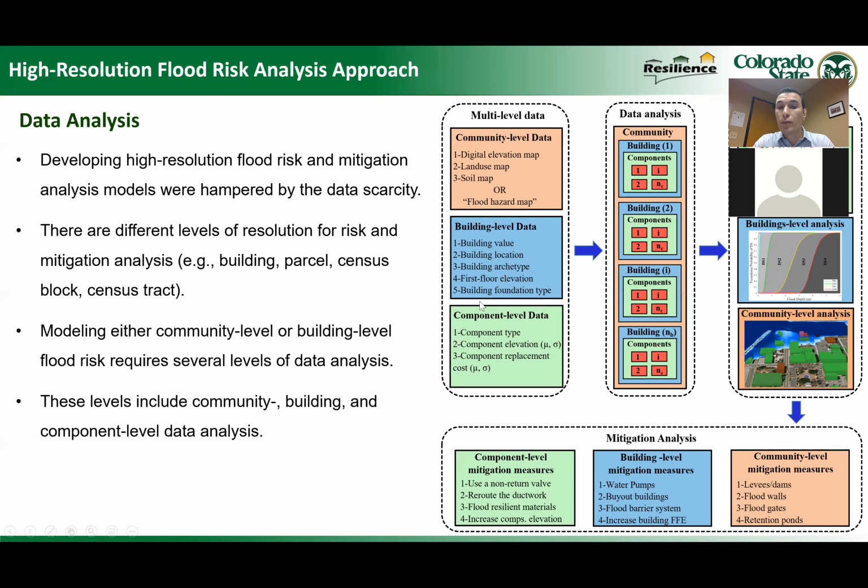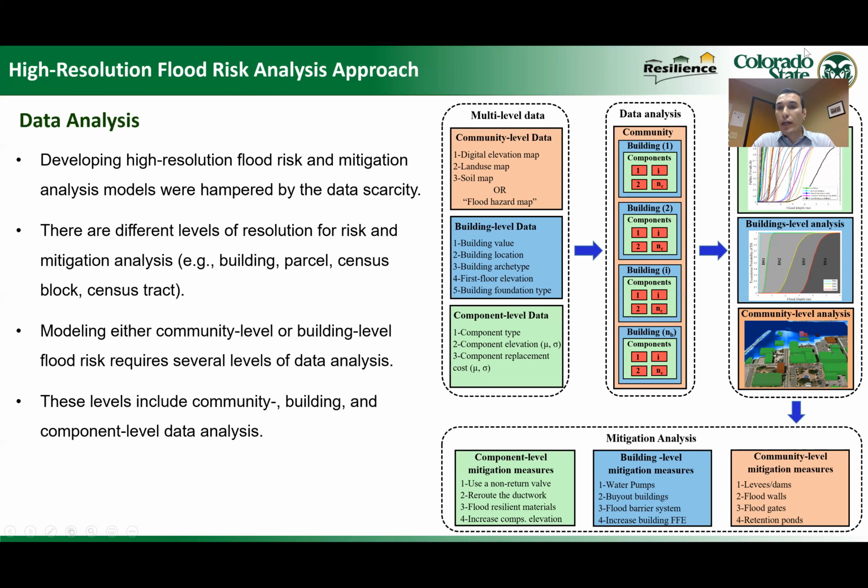Even for the components within the buildings, including furniture, appliances, and structural and non-structural components, we were able to have them as statistical parameters in terms of the damaging elevation, the damaging duration, and the replacement cost. All of this information we have about the components within the building.